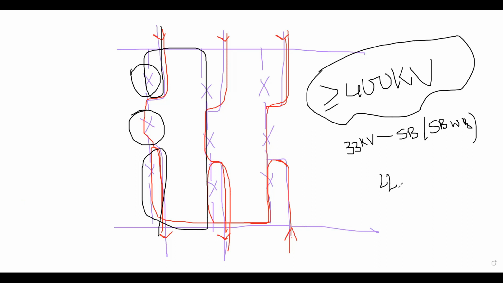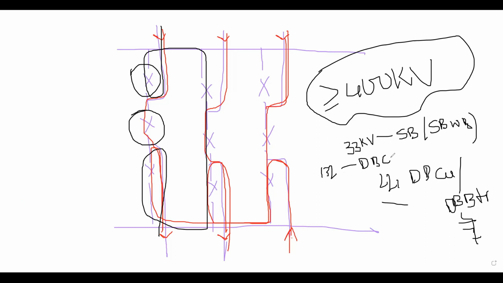For 220 kV, double bus with coupler scheme or double bus with transfer bus scheme, like 3 buses for the bypass. For 132 kV also double bus with coupler scheme. 11 kV, single bus bar scheme. And above 400 kV, 1.5 breaker scheme.